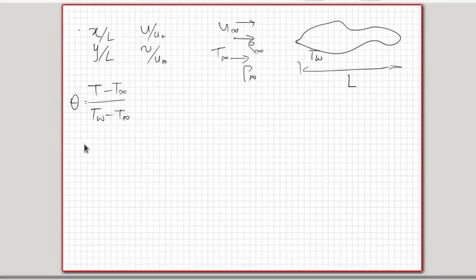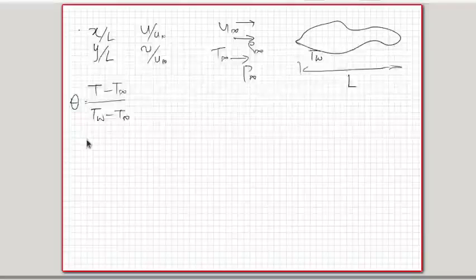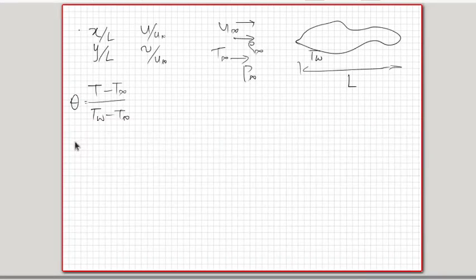So let me write that expression. I am writing the governing equation in the form in which I finally wrote it.